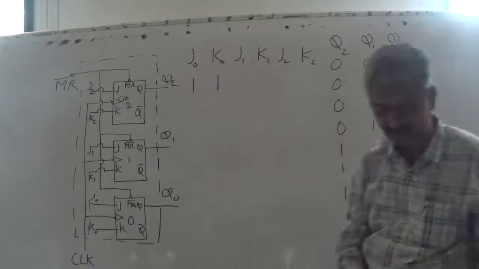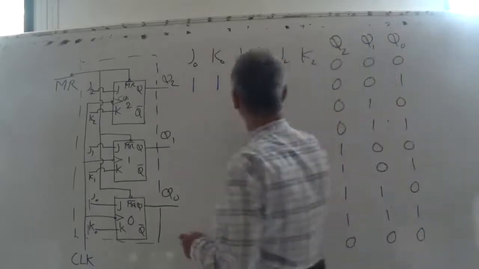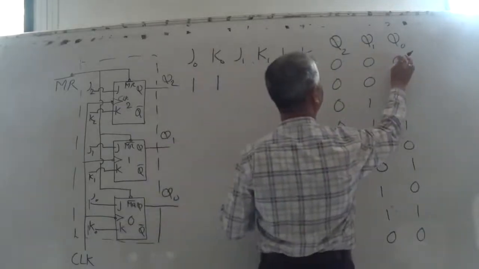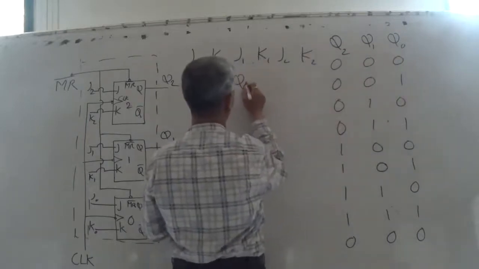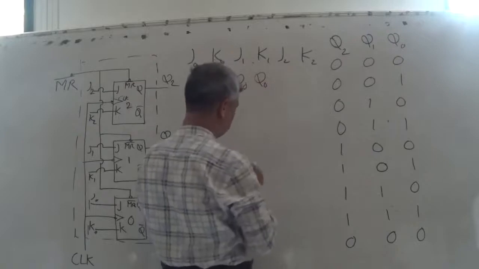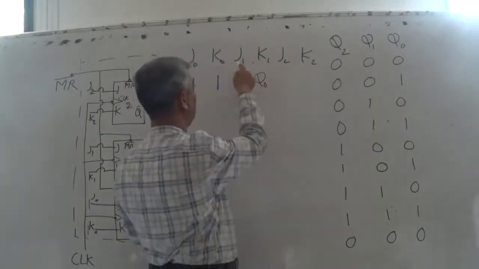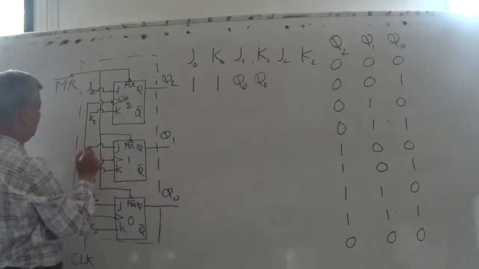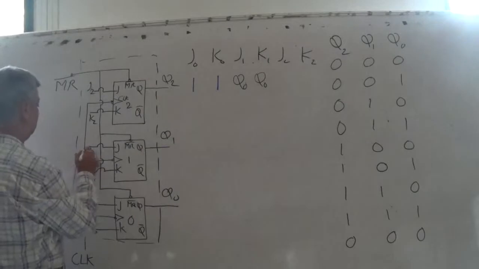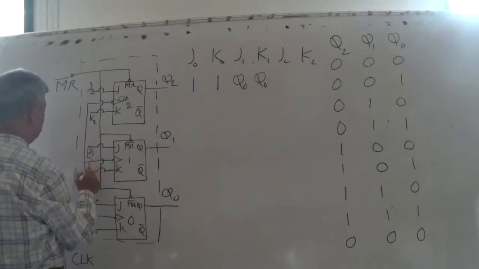So, J1 and K1 both are to be Q0 itself. If both are 0, I will connect Q0 to J1 and K1. I am showing you by a different color. I will connect Q0 to J1 and K1.